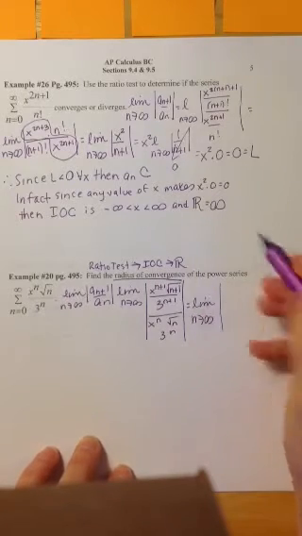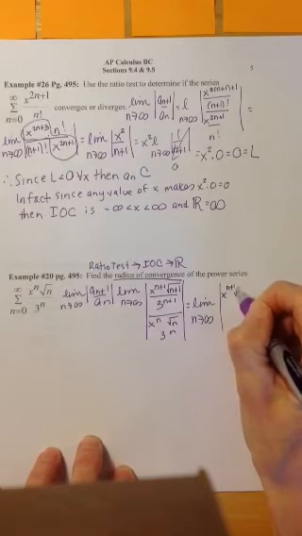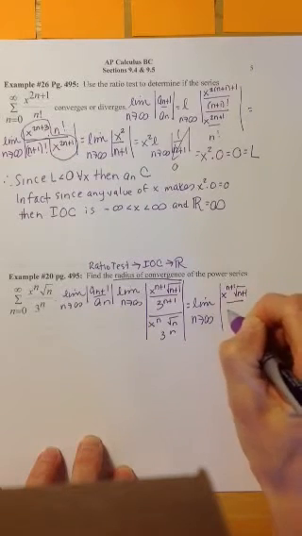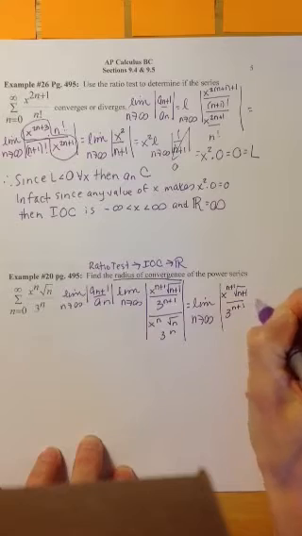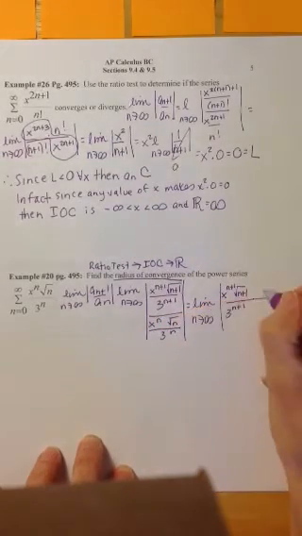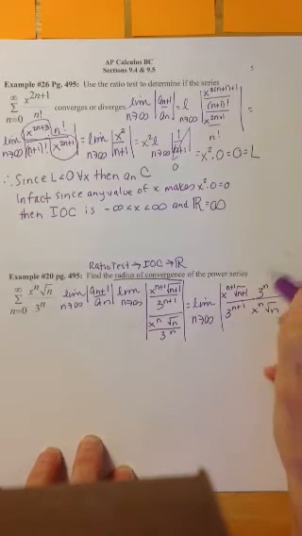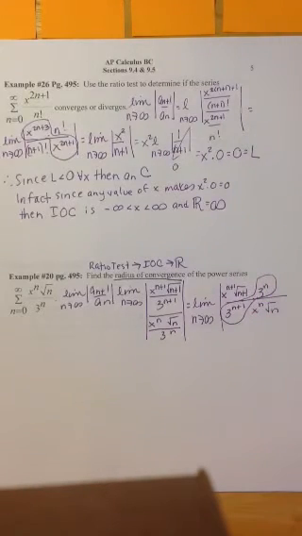I'm going to flip the guy. So I've got x to the n plus 1, square root of n plus 1, all over 3 to the n plus 1, and then times 3 to the n in the top, over x to the n, square root of n. Again, I'm going to use my rules of exponents for the things that are in common.